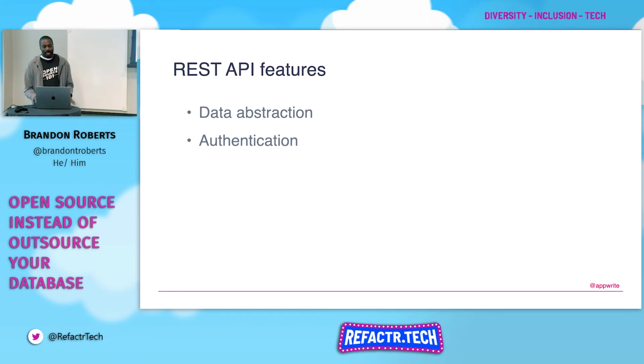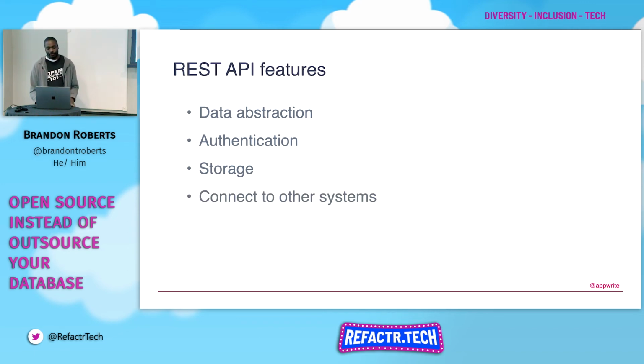So authentication definitely plays a part in that. Also storage, whether it be storage and retrieval of files, images, or other things there, and connecting to other systems, whether this be underlying systems underneath, other services that the REST API may talk to that you're integrating with there.